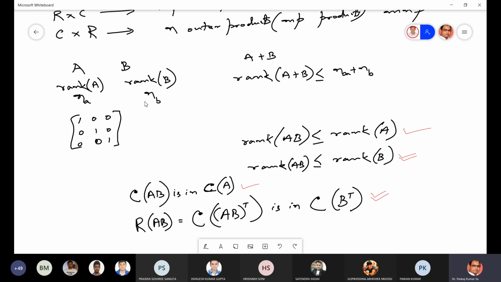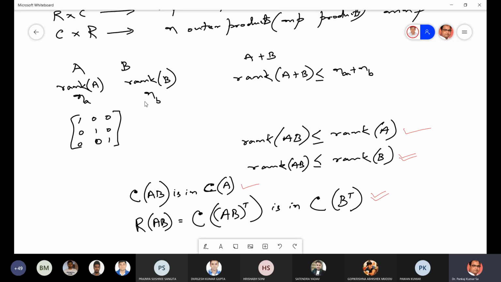You have two 3x3 matrices, and the matrix A comprises two independent vectors. Let us imagine the 3D space. It comprises two independent vectors.